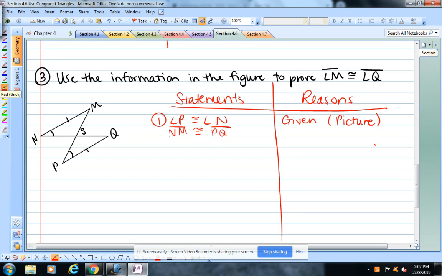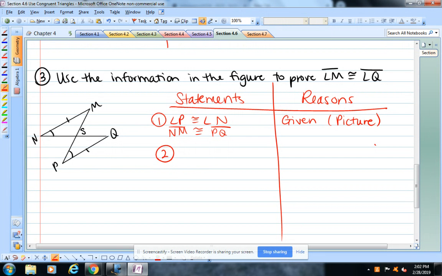So, is there something else in my picture, using an actual geometric reason, to say that it's congruent to each other? MS is congruent to PS. Why can I say that? Reflexive. They're not the same thing, so you can't use the reflexive property. Reflexive means something is congruent to itself.